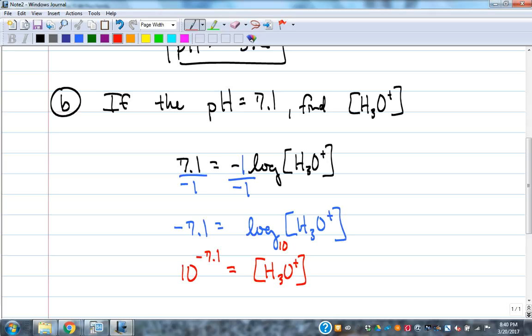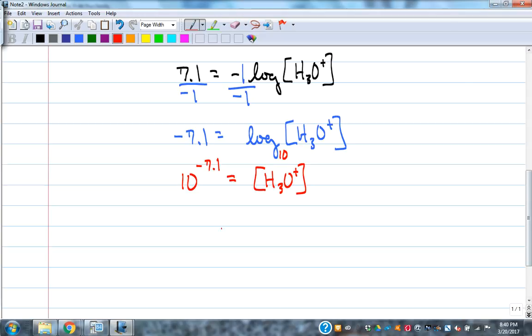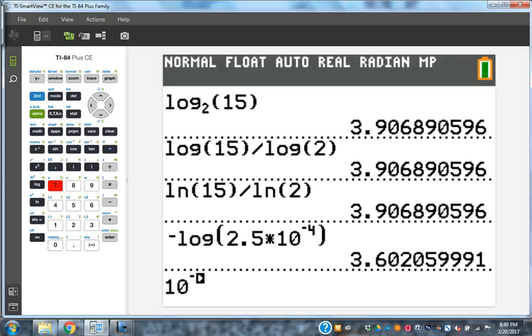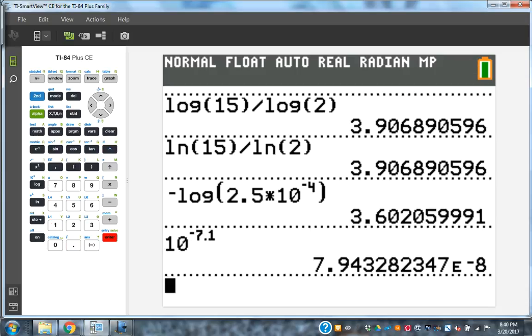Can I do that with the calculator? I think I can. Ten raised to the negative 7.1. Hey, it wrote my answer in scientific notation. It didn't tell me that's what it was, but it's what it is. This E here stands for the times 10 to the exponent afterwards.